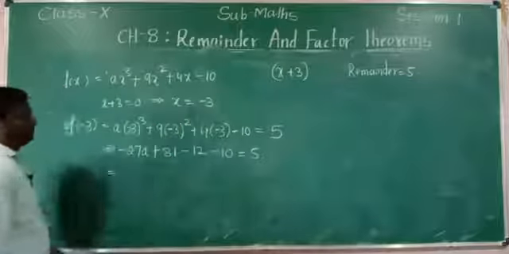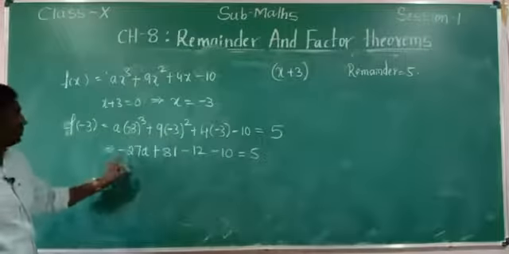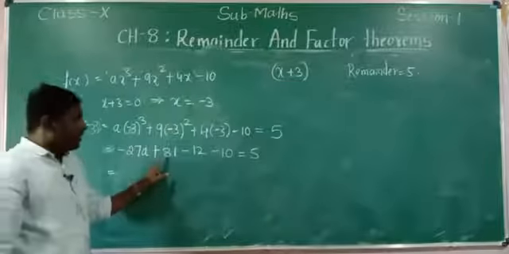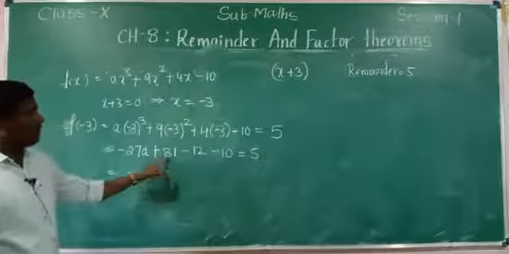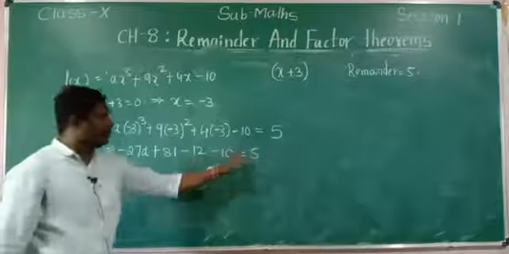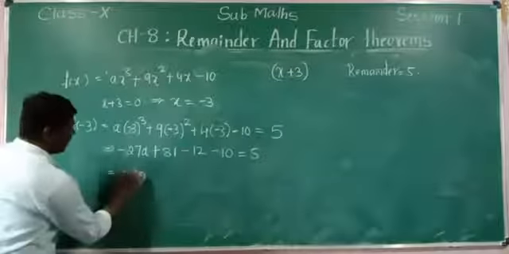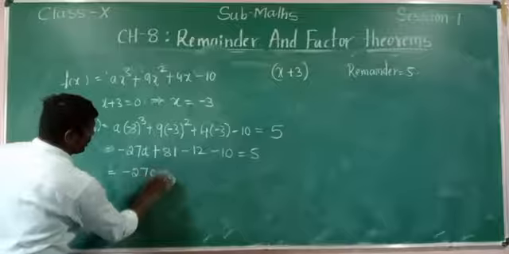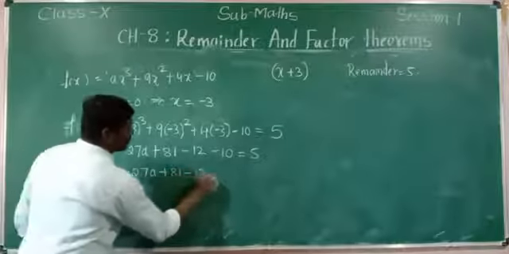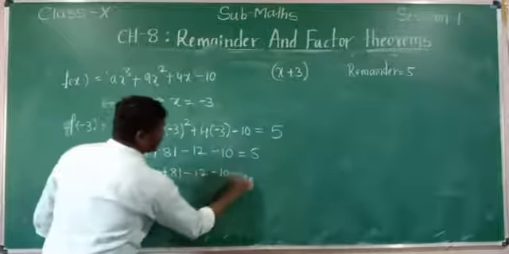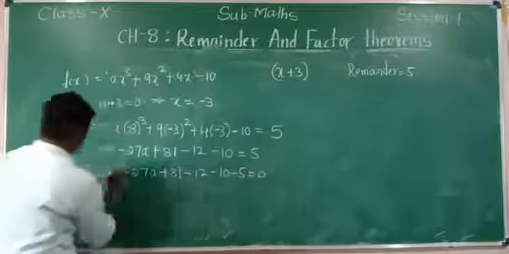Now, take this 5 to the LHS side first: minus 27a plus 81 minus 12 minus 10 minus 5 is equal to 0.